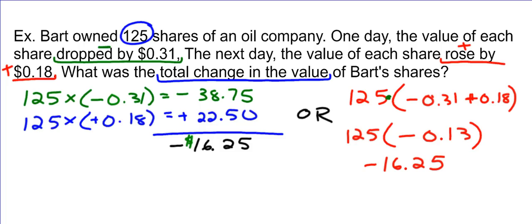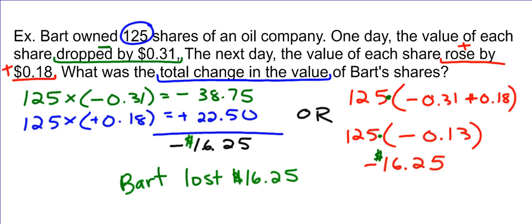So we go 125 times negative 13 cents, which again gives a negative $16.25. So either way you solve, you still get the same loss. The total change in the value lost is $16.25 total.